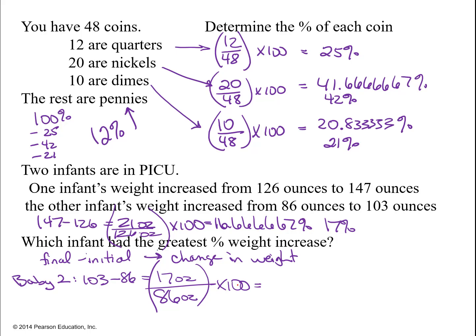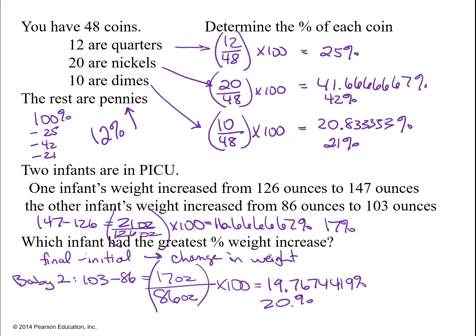That's 19.7674419. And if 17 is 2 significant figures, I would round that one to 20. So in fact, baby 2 gained more weight because they started off at a smaller weight to begin with.